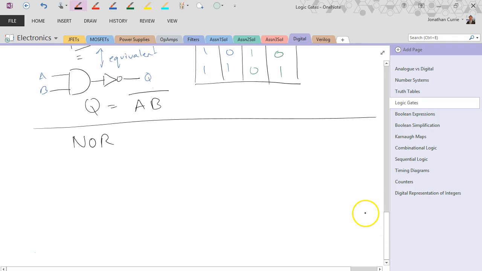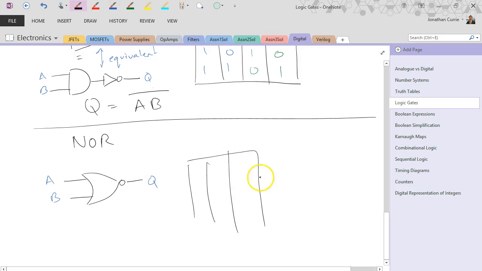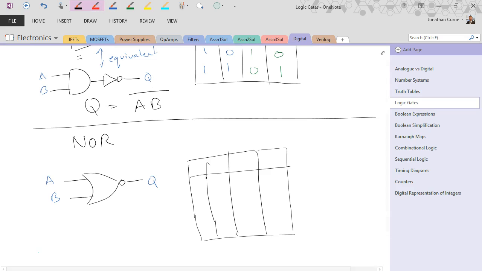Similarly, we have the NOR gate, which is the same with an inverting output there, A, B, Q. You might like to have that extra column to help you remember it, as I do. A, B, Q. This would be if it was an OR gate. 0, 0, 0, 1, 1, 0, 1, 1.